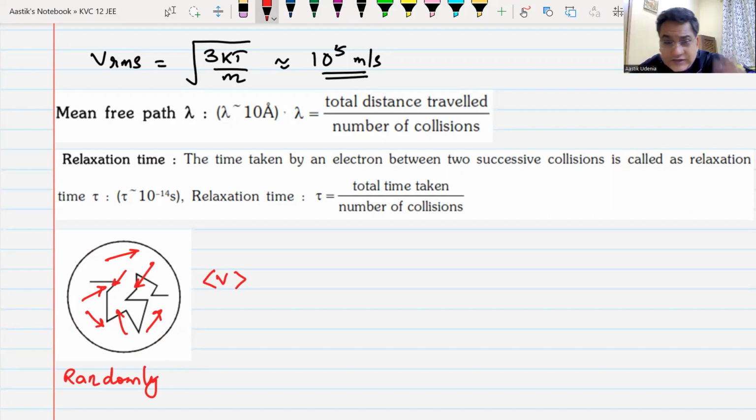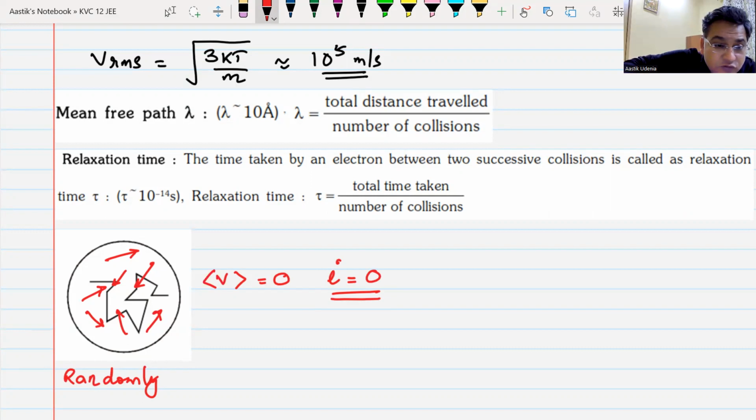Yes or no? Whether you find out the average velocity of those gas molecules or of these electrons, that will come out to be 0, and therefore the current in the conductor, when there is no voltage, comes out to be 0. Do we understand this? Yes, sir.